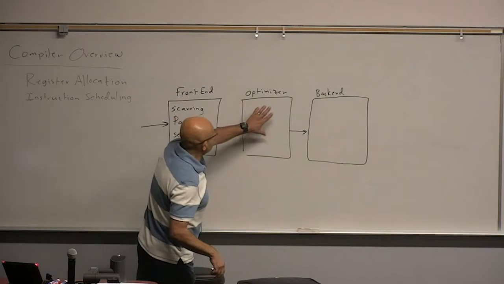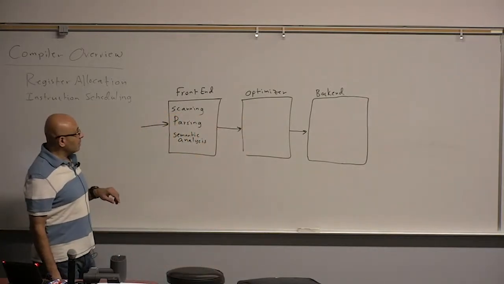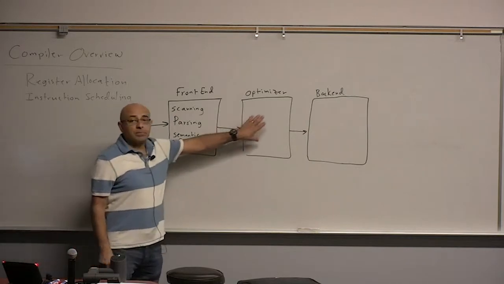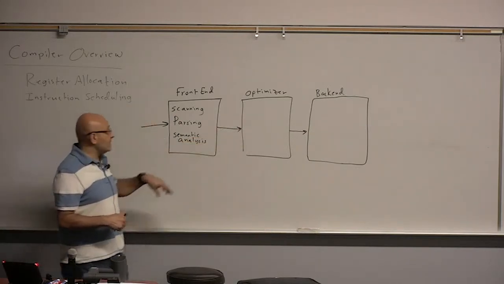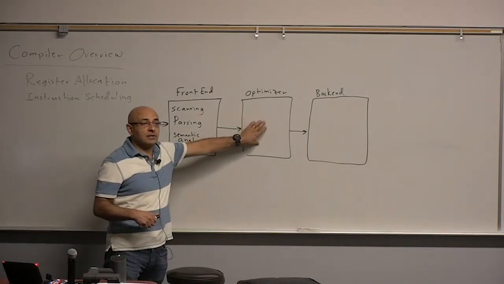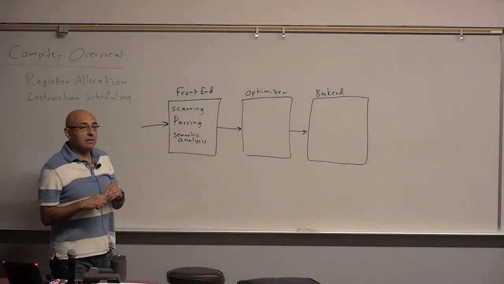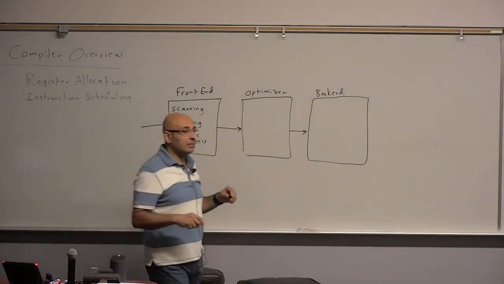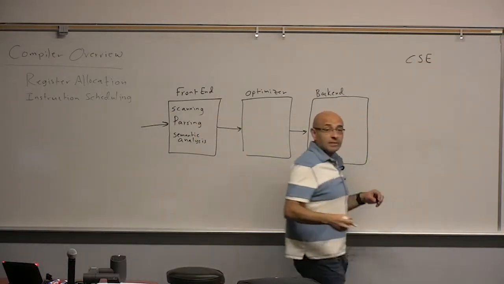Now, in this middle part of the compiler, we have the optimizer. So last time, we gave an example of the optimizations that take place here. What was that example? Common sub-expression elimination.